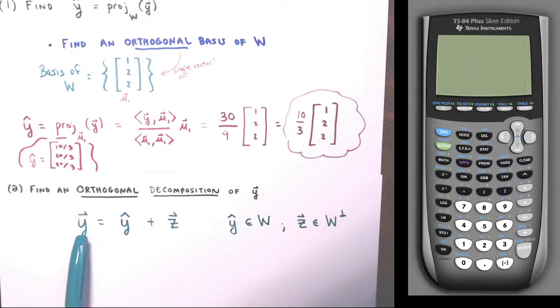As before, we already know y and y hat, so the vector z I'm looking for is just y minus y hat.